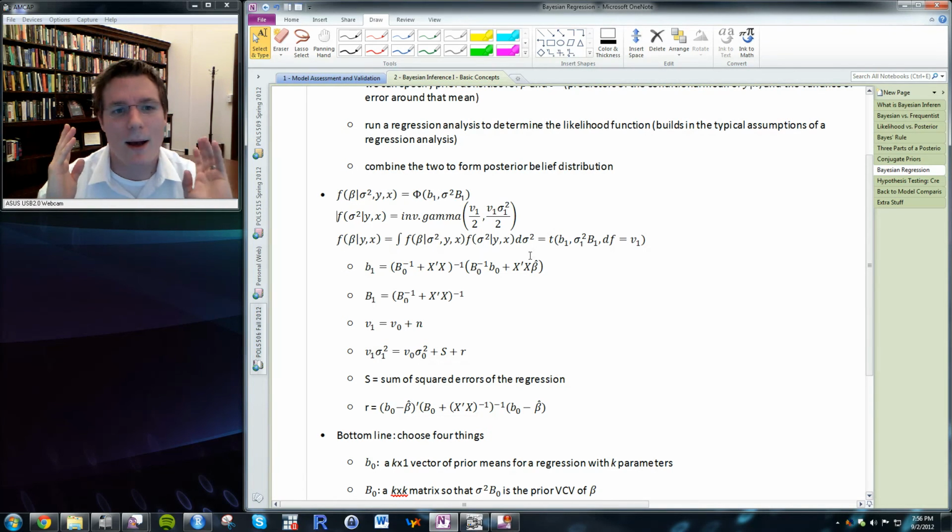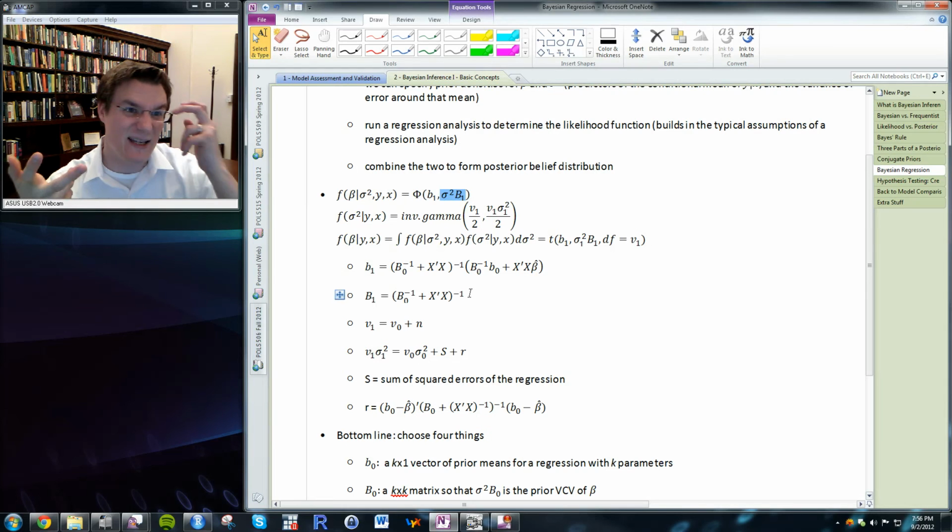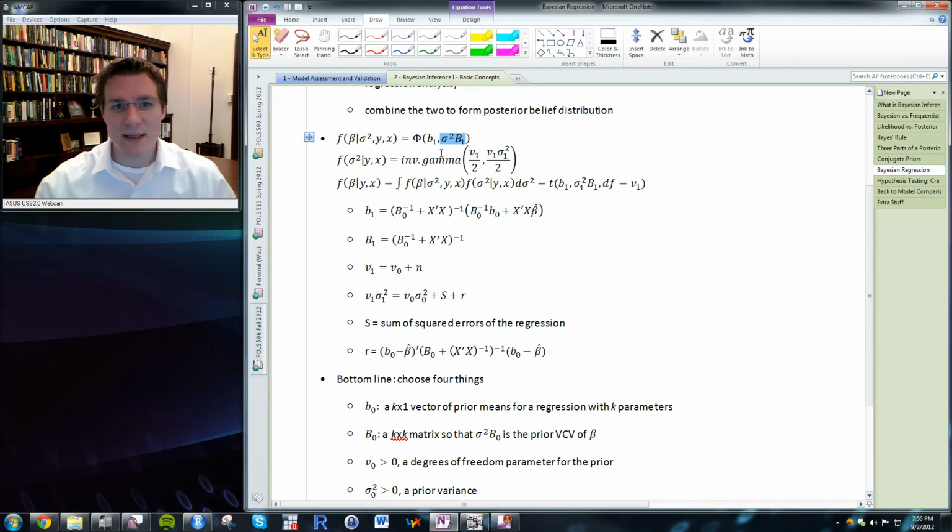Anyway, the density of beta is itself going to be normal, and that density is going to have parameter beta 1 as a mean, and a standard deviation or a VCV matrix of the estimated sigma squared times B1. Now, little b1 and big B1 are going to be themselves products of prior and likelihood information, which you'll see in a second.